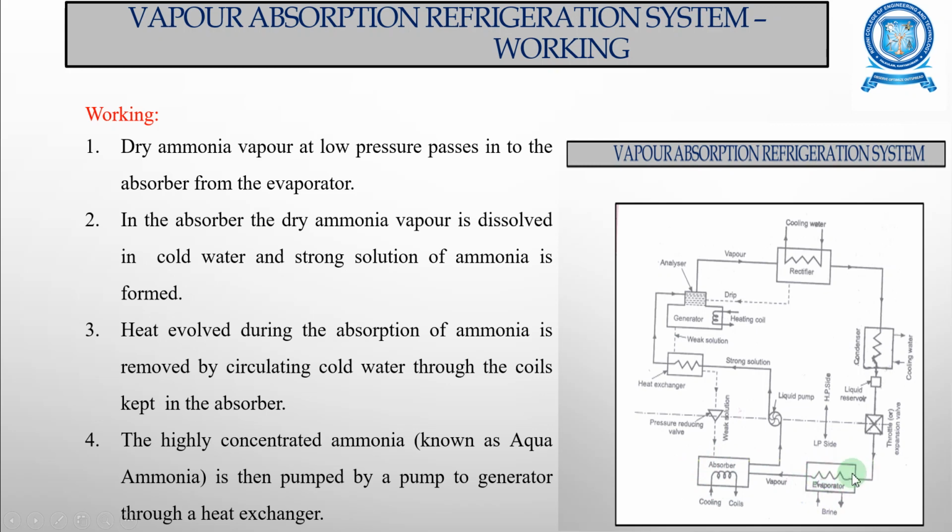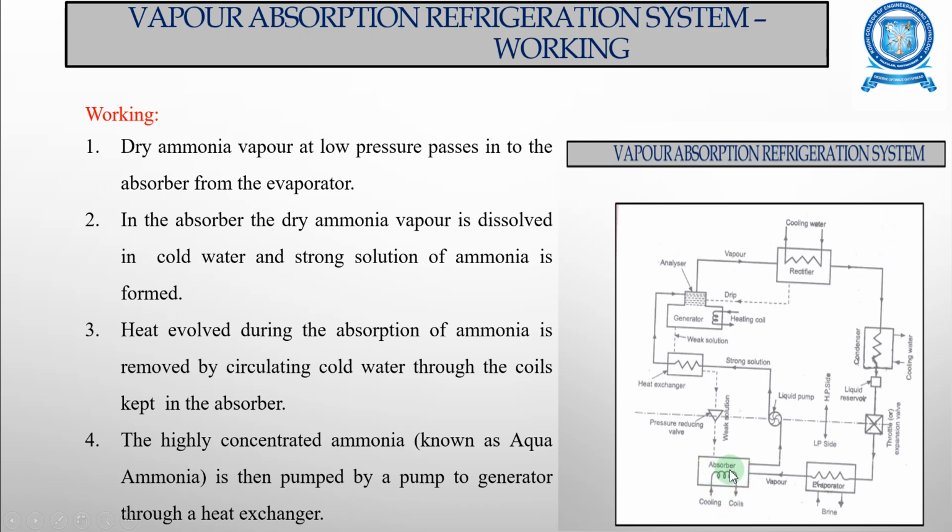The dry ammonia vapor is present at low pressure and is passed as vapor to this absorber. In the absorber, this dry ammonia vapor is dissolved in cold water, and a strong solution of ammonia is formed. The heat evolved during absorption of ammonia is removed by circulating cold water through this coil.